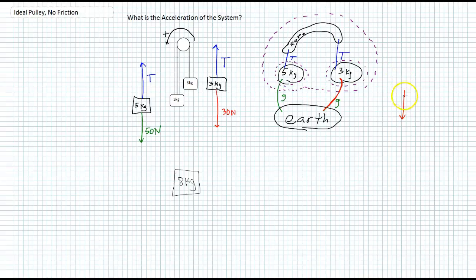If I've got 30 pointing down this way, and I've got the tension pointing upward like so, if I were to rotate this diagram 180 degrees, now I've got the force diagram such that the tension force is pointing down and the gravitational force is pointing in the opposite direction. It's as if I've slid the object around the pulley. Now if I slide this force over and smush it right on top, it effectively cancels out that tension force.